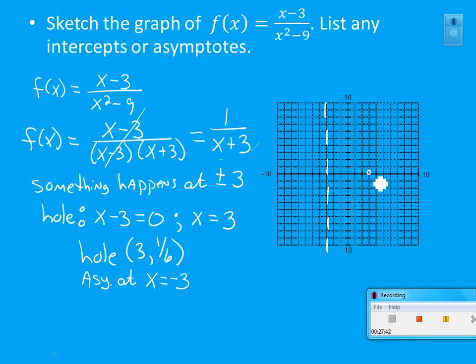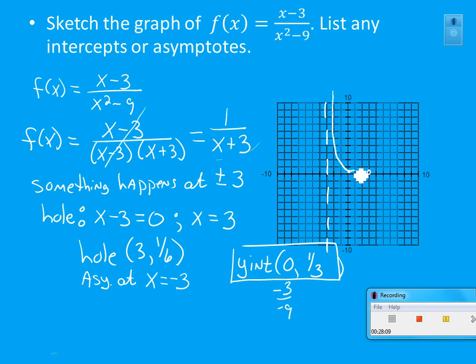The only other thing I'm going to find, because it's really easy, is the y-intercept. To do that, I'm just going to let x be 0. If I let x be 0, I've got negative 3 over negative 9. So I also know it has a y-intercept. Okay. And then the graph, you could peek at your graphing calculator now. The graph's going to look something like this.